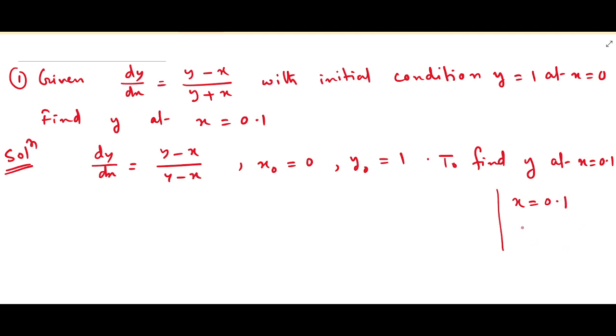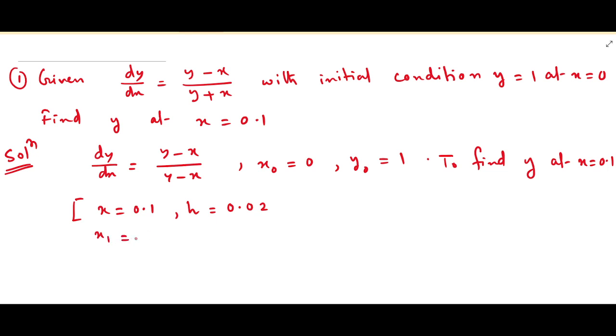If you take h equals, suppose, 0.02, then up to the fifth step we have to go.